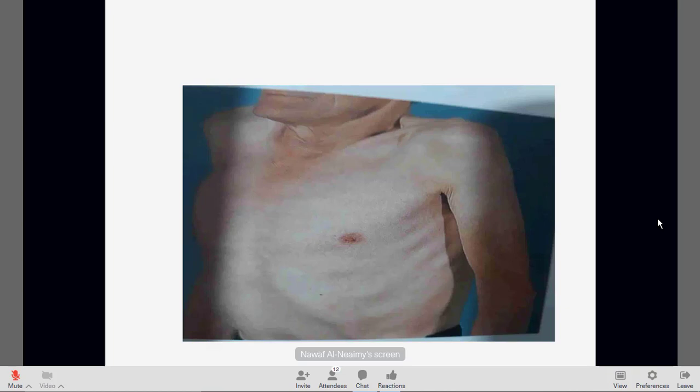So as a summary, when you start to inspect the chest, stand at the end of the bed, and look for the shape of the chest, whether it is a normal shape or an abnormal shape. Look for the movement of breathing, whether it is symmetrical or not.